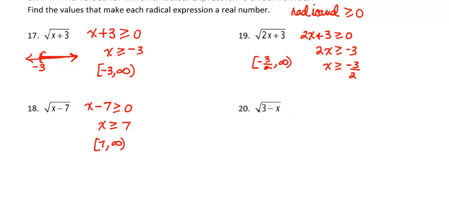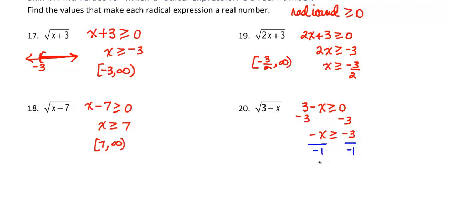And then the last expression is the square root of 3 minus x. So for this to be a real number, we have to set 3 minus x greater than or equal to 0. We subtract 3 to get negative x is greater than or equal to negative 3. And then we divide by negative 1.